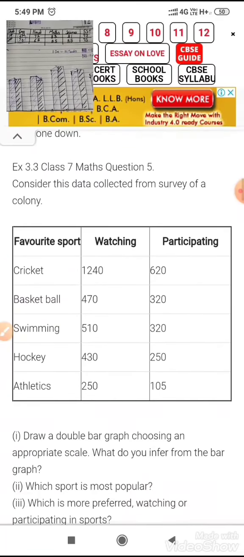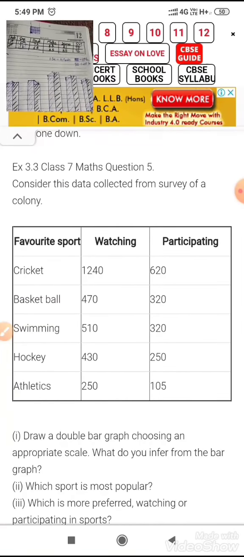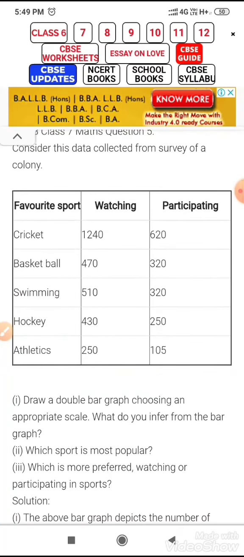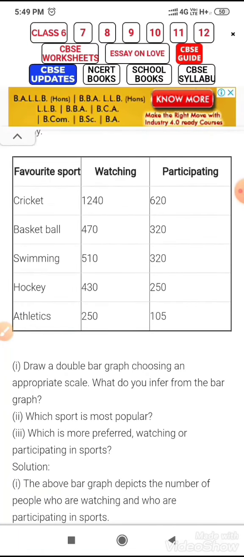Now move to our next question, and our next question is: consider the data collected from a survey of a colony, favorite sports, watching and participating. The first column represents favorite sports, the second column represents watching, and the third column represents the number of persons participating.